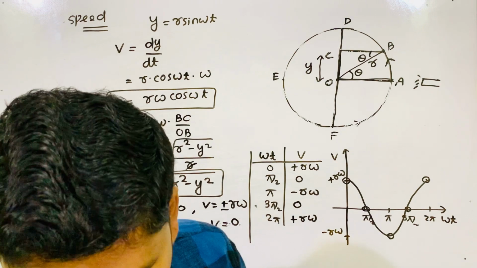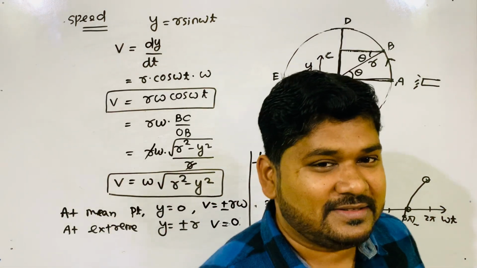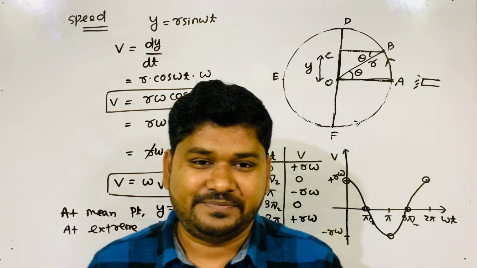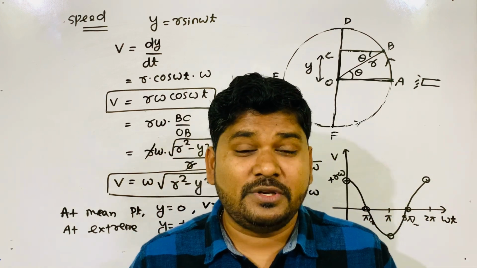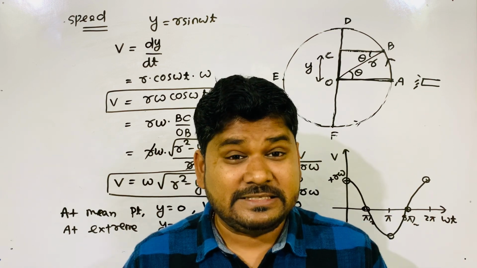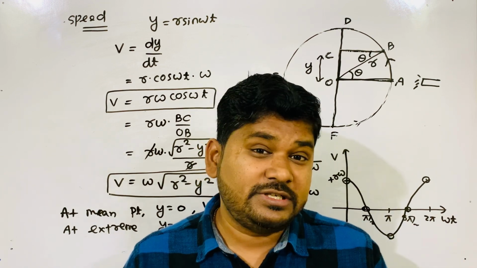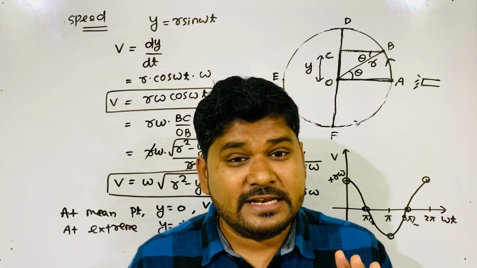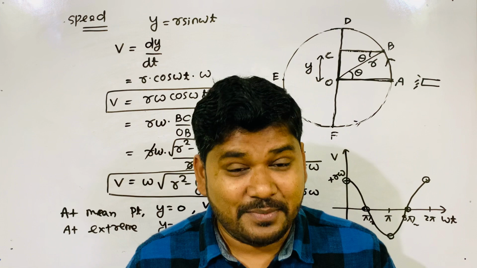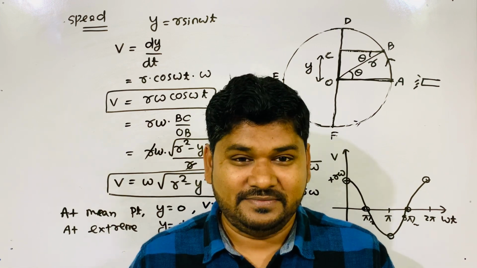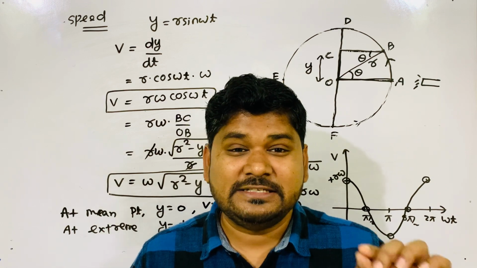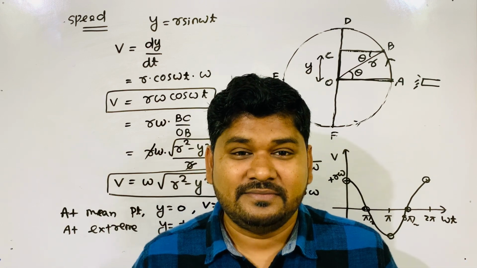Velocity is 0. But one important thing you mark. Sometimes a question comes in exam: write an example of motion, or is it possible, displacement 0, but velocity maximum? Is it possible in motion? If possible, you note this question. Displacement 0, velocity maximum.